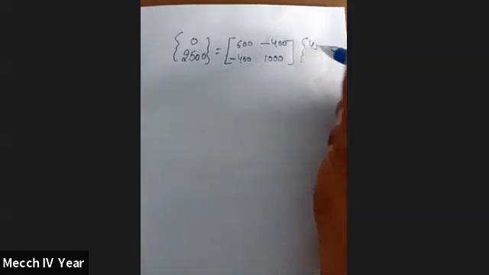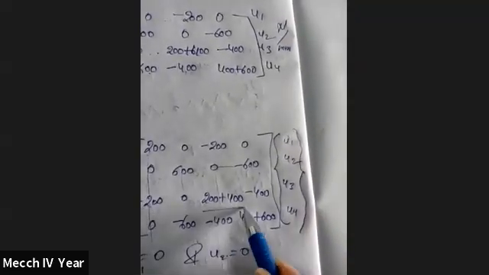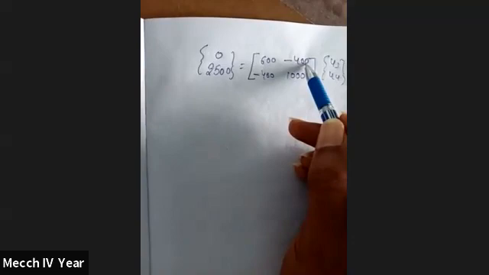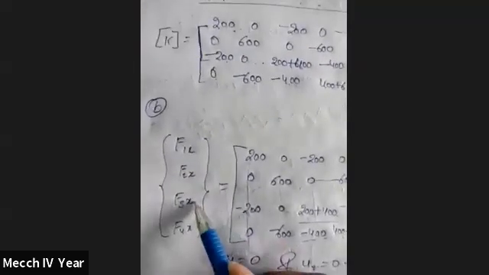So this one is U3 and U4. See here, I'm just adding. Don't get confused. 600, 200 plus 400, 600 minus 400. I put it here as is. And then now here we see minus 400, 1000. Minus 400 is there. 400 plus 600 is equal to 1000. And the remaining U3 and U4, I put the same.